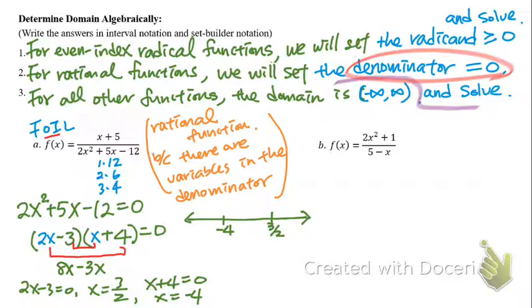If you plug them into the function, the top will be fine, the numerator is just 1, but when you plug -4 into the denominator, it will be 0. So we cannot have this number in. And remember what we did earlier? You can either put a circle around these two numbers, or you can put x's around them.